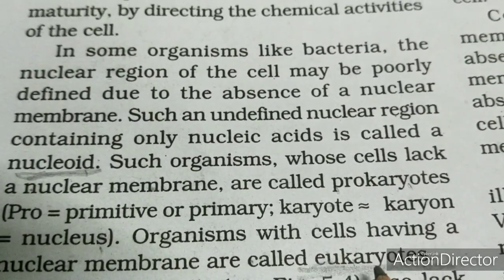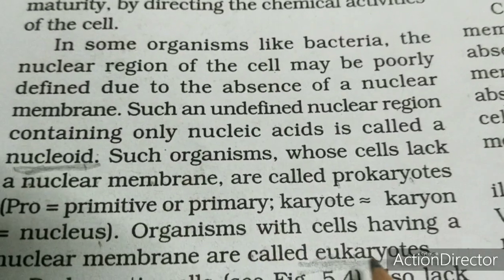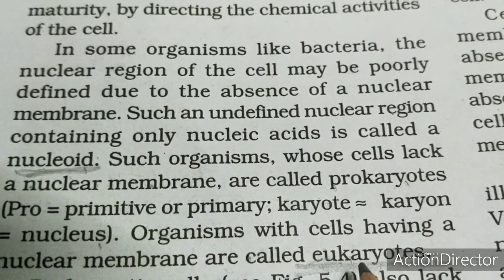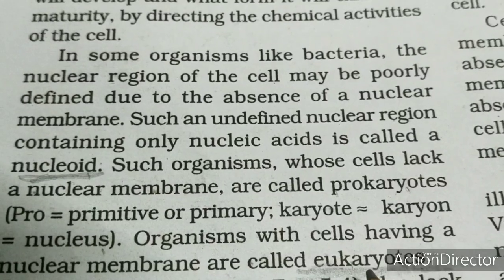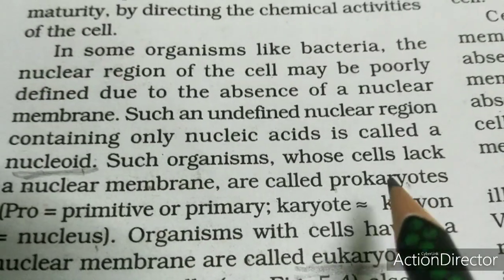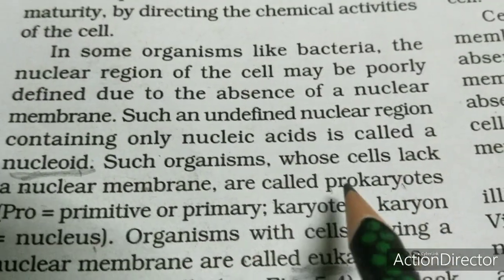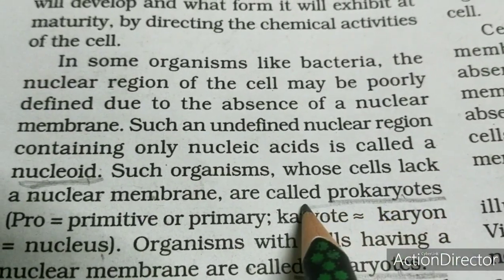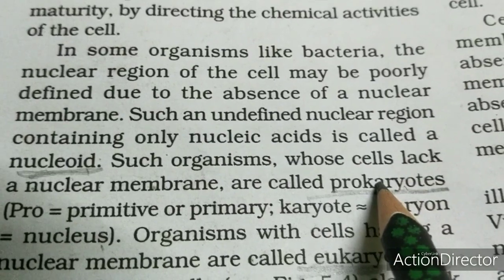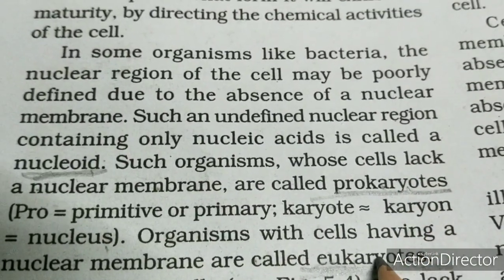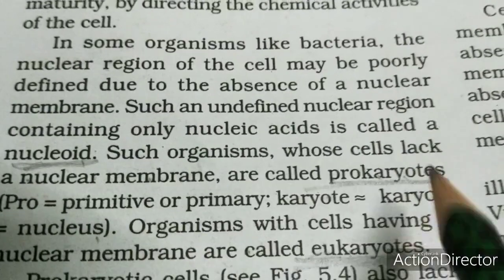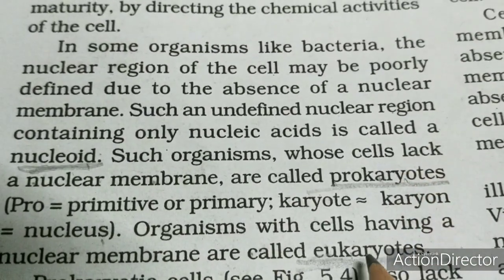As I told you, we will study organelles later. This is the major difference between the prokaryote and the eukaryote. It's a very important term from the point of examination. The differences between the prokaryotes and the eukaryotes, or prokaryotic cell and the eukaryotic cell, you must remember.